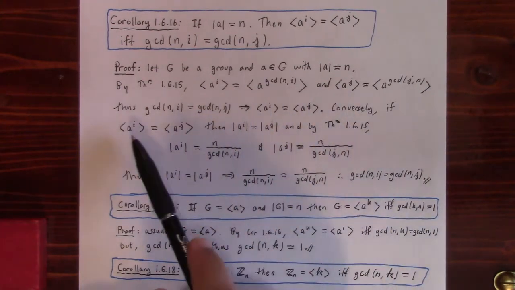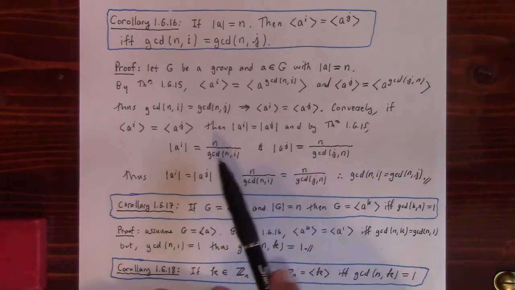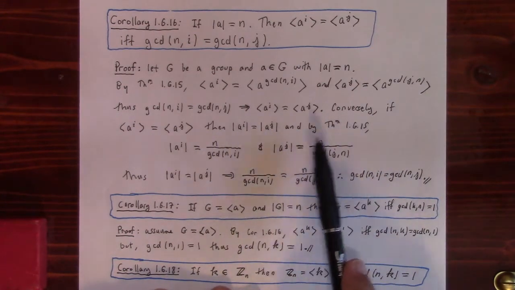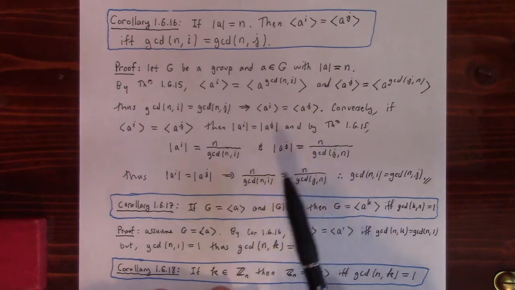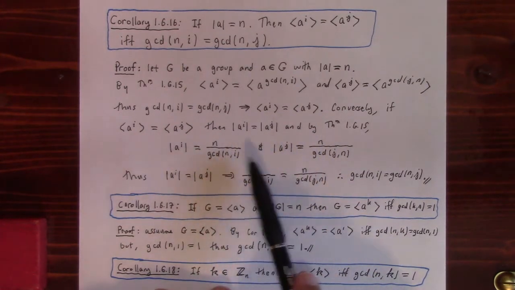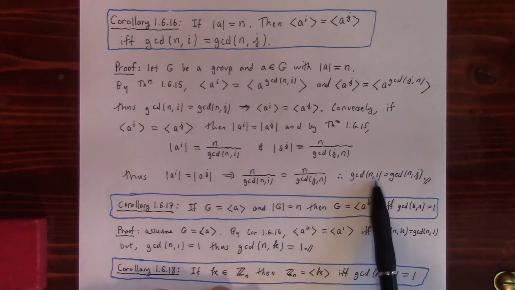And conversely, if these are equal, that means that their orders are equal. Thus, by theorem 1.6.15 again, the order of a^i is n over this, the order of a^j is n over that. But since these are equal, those are equal, and then that, of course, immediately implies that the GCD of n with i is equal to the GCD of n with j.